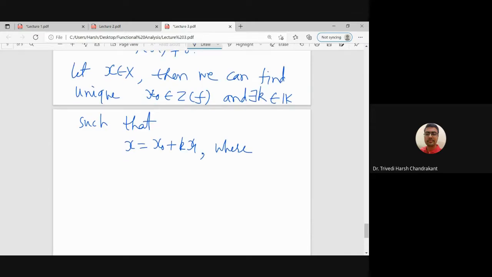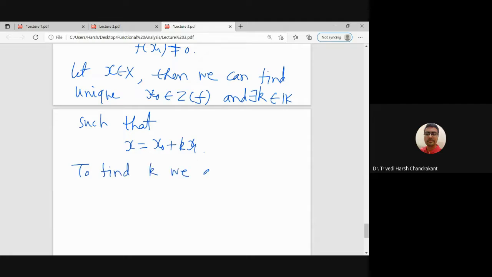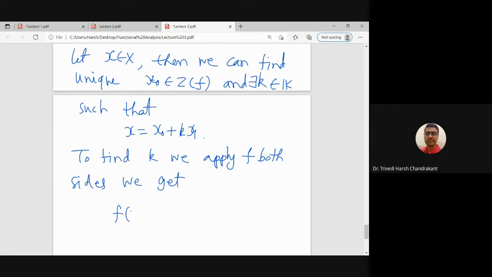So what will be k here? Let us find out k. To find k, we apply F on both sides. We get F(x) equals F(x0) plus F(k x1).